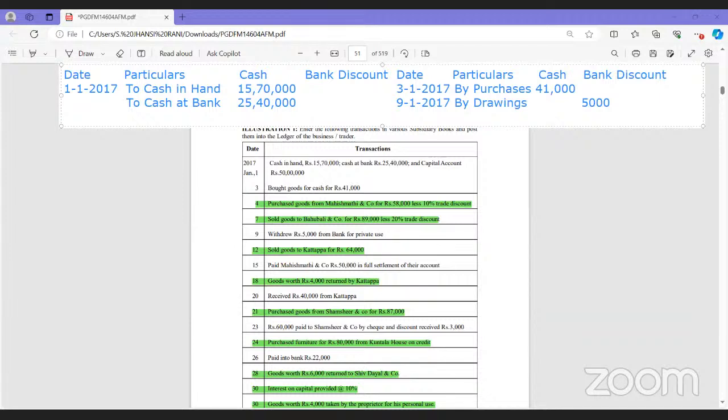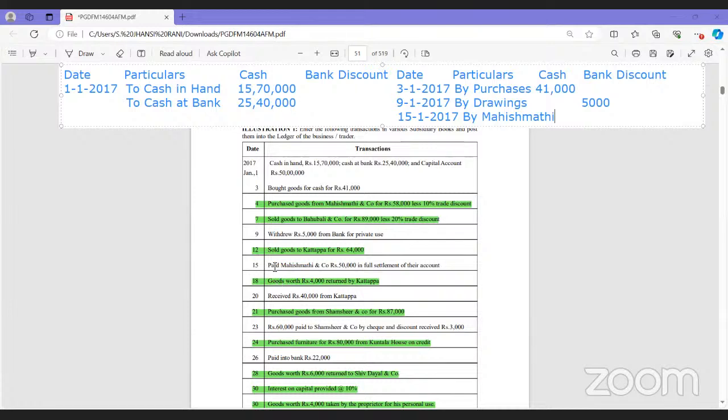And the date is 15/1/2017. To whom we are paying? Maheshmati. So I'll write by Maheshmati. And the amount, how are we paying? Paid Maheshmati in full settlement of their account.